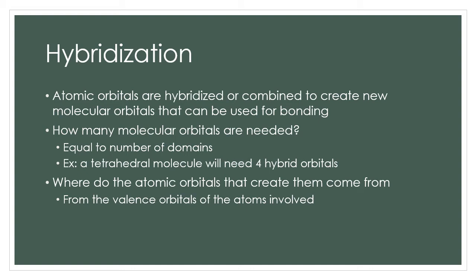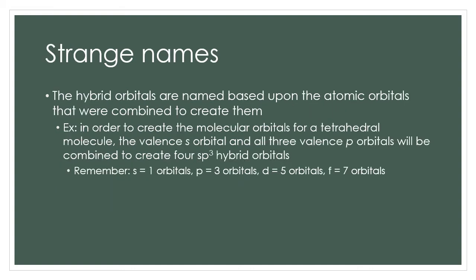So, where do these atomic orbitals that we make the hybrids with come from? They come from the valence orbitals of the atoms involved. Usually we consider only the hybridization on a central atom, although hybridization is still occurring on the outer atoms as well. Hybrid orbitals have very strange names that are based upon what atomic orbitals were put together to create them.